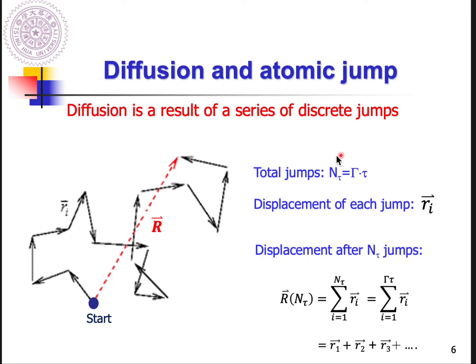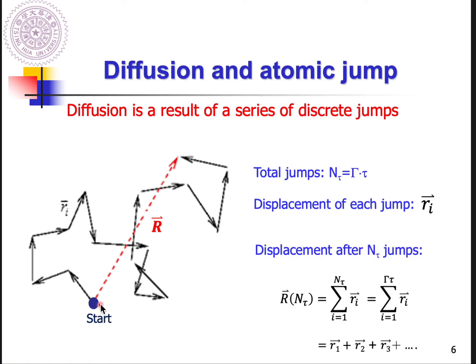So how do we correlate the diffusion phenomena you observe at macro scale with the atomic jump, which you observe at micro scale? In the following slides, we are going to help you correlate diffusion and atomic jump. So what is diffusion? Diffusion is a result of a series of discrete jumps.